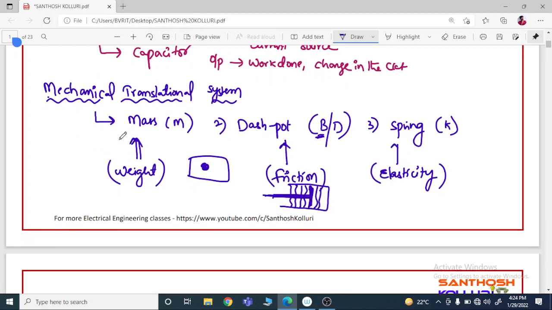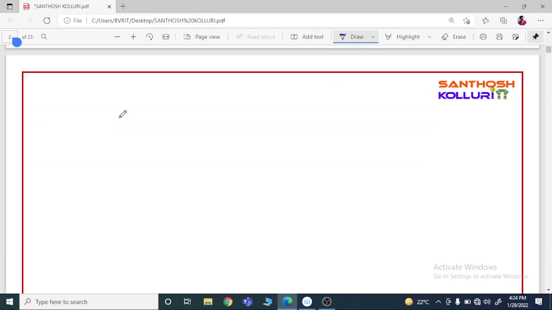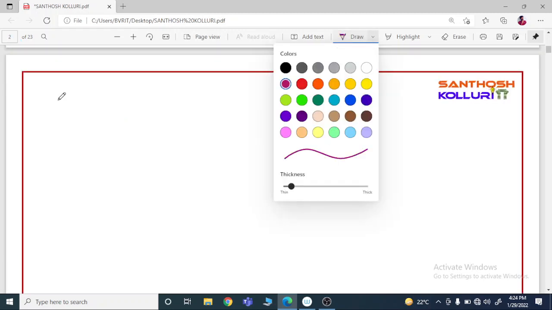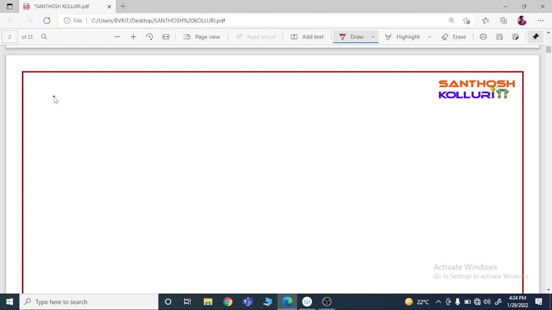In this analysis we need to understand Newton's second law. By Newton's second law, the sum of applied forces on the body is equal to the sum of opposing forces by the body.